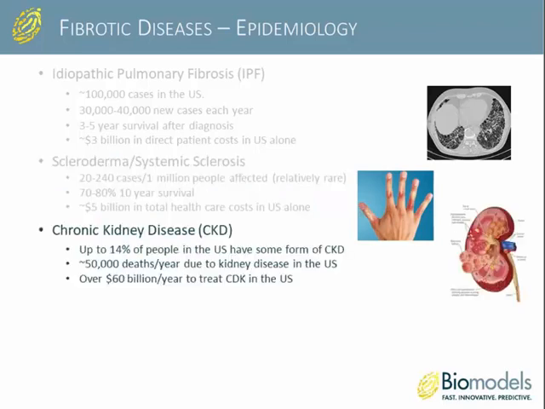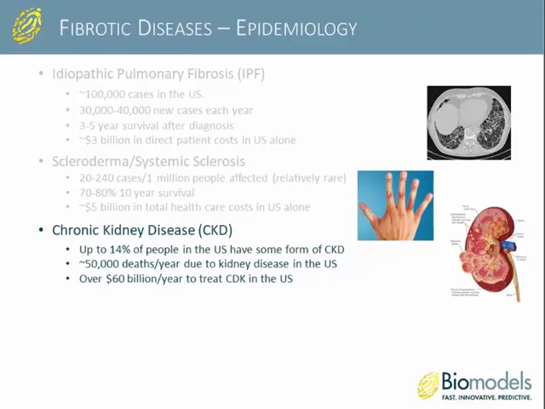An additional disease for which we have an animal model is chronic kidney disease, and this is a much more common disease in the U.S., and it's believed that 1 in 9 adults in the U.S. has this disease, and about 50,000 deaths occur each year due to this disease, which has a large fibrotic component. And this also has quite the burden on the U.S.